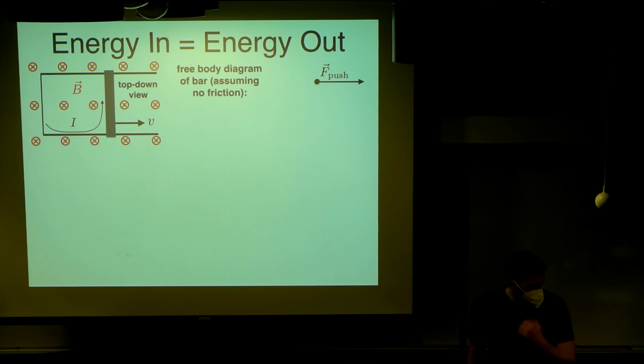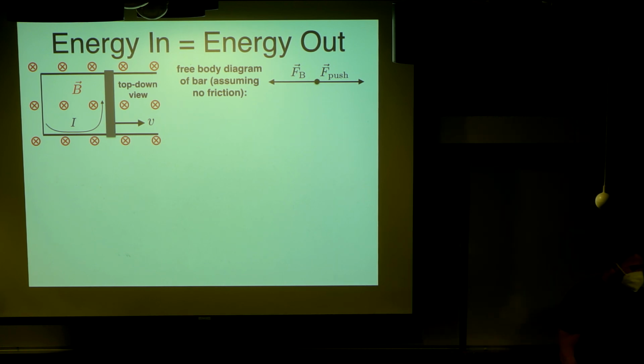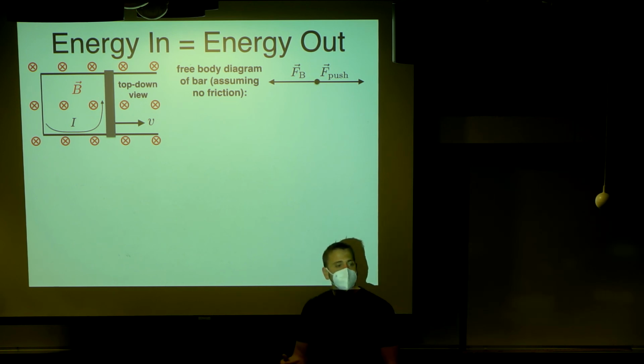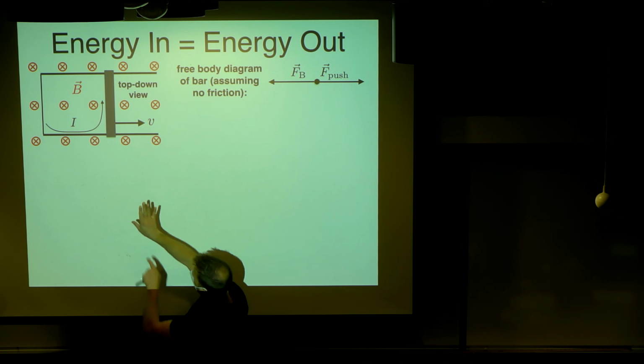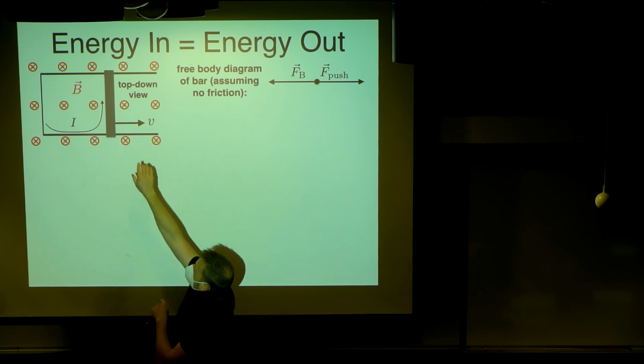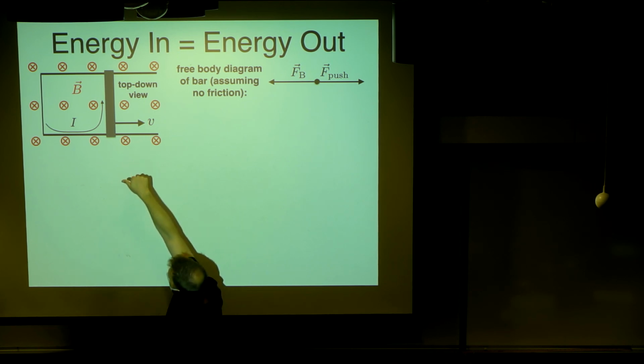And do you guys remember how this magnetic force works? I'm just going to claim that it's going to the left, but for this situation, we use IL cross B. So that means we take our right hand, just to get the direction, fingers in the direction of the current. We're just thinking about the bar, so that's straight up. And then we curl in the direction of B, which is into the page.